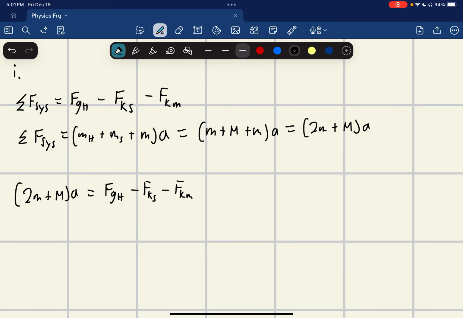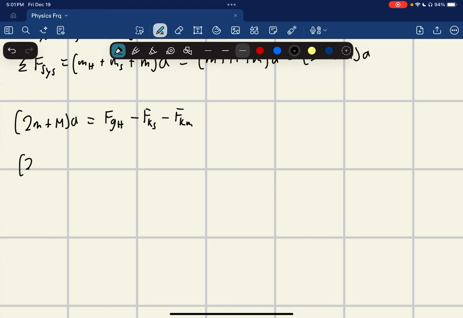Here, FGH is equal to MHG, and then FKS is equal to mu K FNS, and then FKM is equal to mu K FNM.